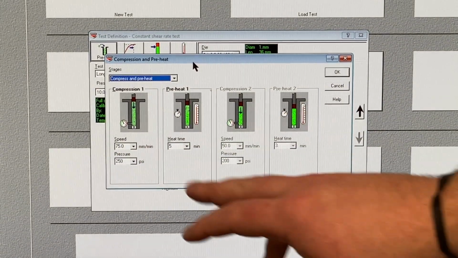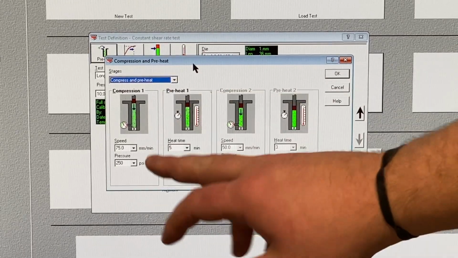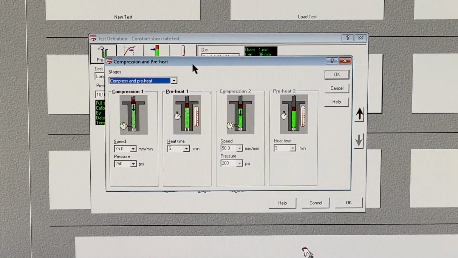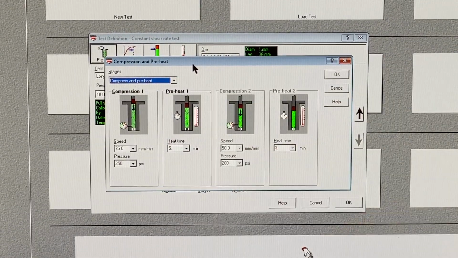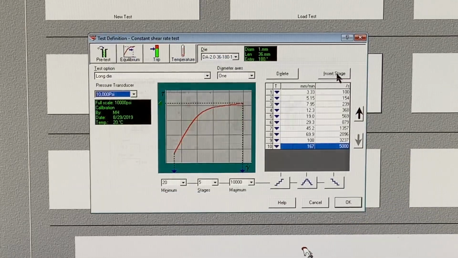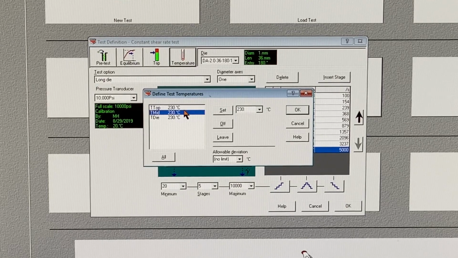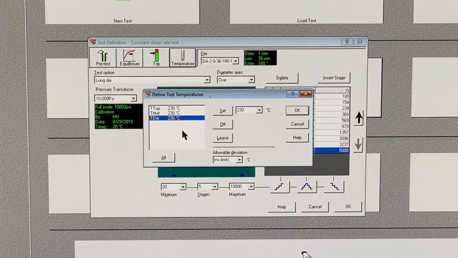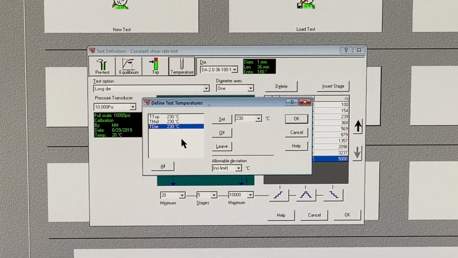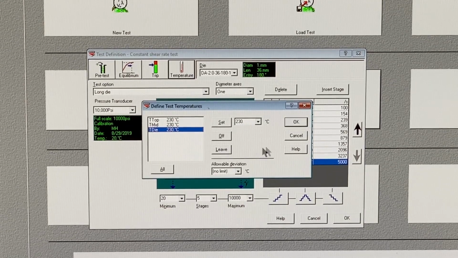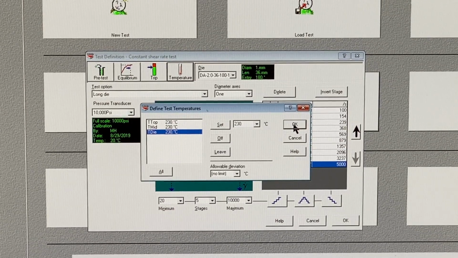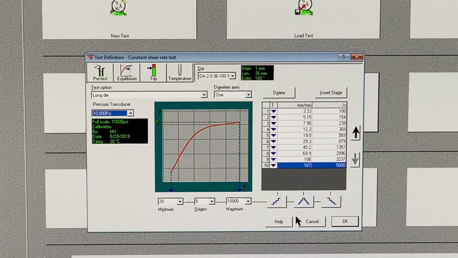It's actually really slow until it reaches a pressure of at least 250 psi, and then it's going to preheat for 5 minutes. Go ahead, OK that. Our top, middle, and die temperatures are all going to be 230 degrees Celsius, and we use that for the ASTM standards. Go ahead, OK that.